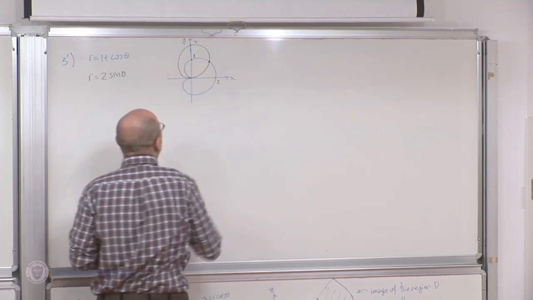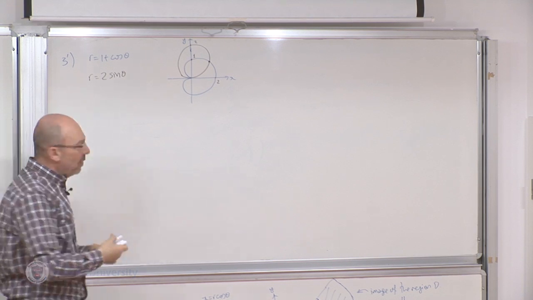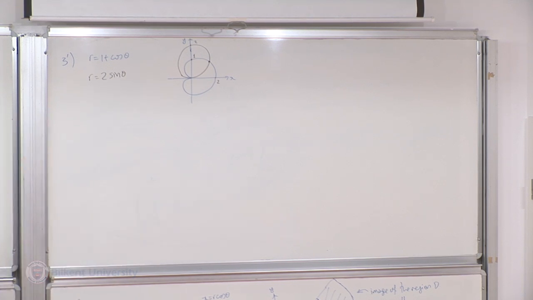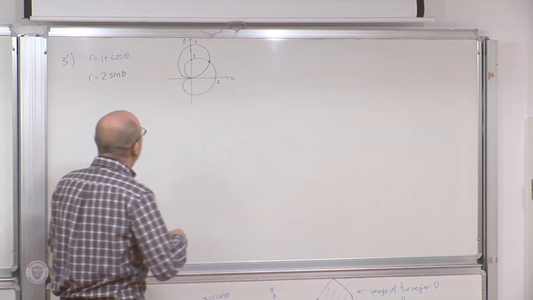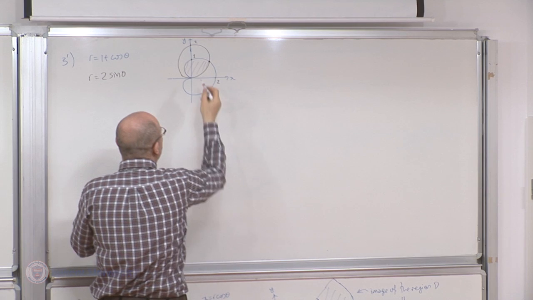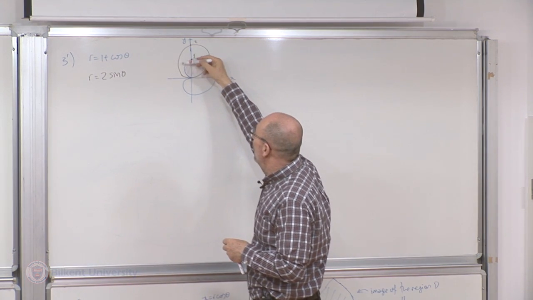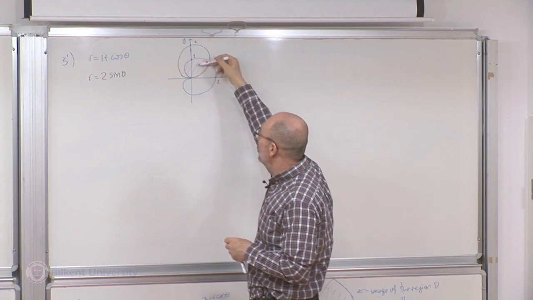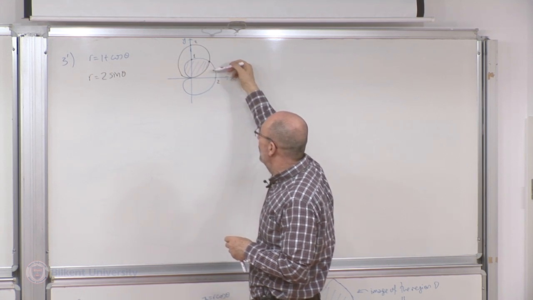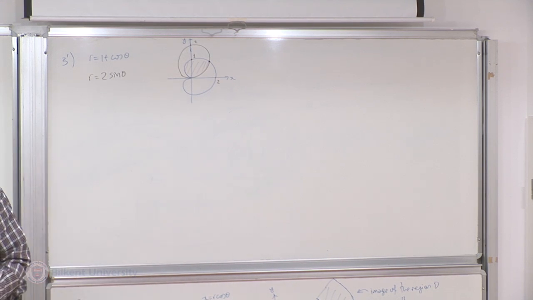So what is this point of intersection? Here you see we have several regions of interest to calculate. What is the area of this region? That's one thing. Once we find this, then the area of this region is the area of this circle minus this. Or we can look at the area of this, because that's again something we didn't calculate.